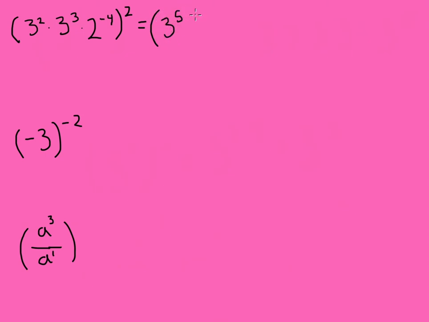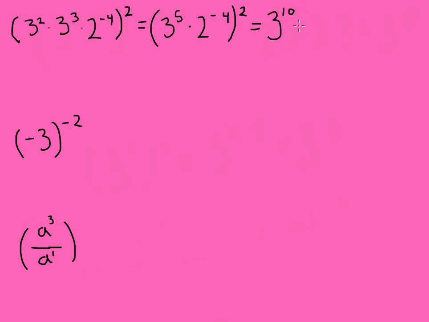So for this first one here, I'm going to start by adding together the exponents for the numbers that have a base of 3. And then I'm going to multiply those by 2 to the negative 4th power. And then I'm going to raise all of that to the second power. I can't combine 3 to the 5th or 2 to the negative 4 because they have a different base.